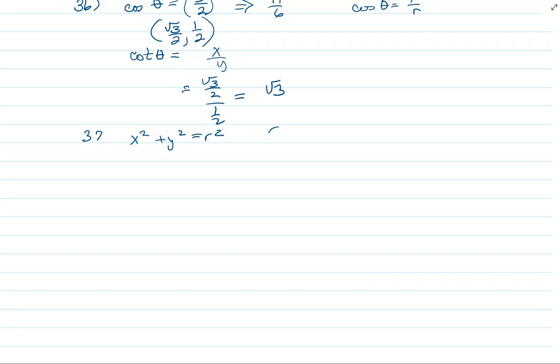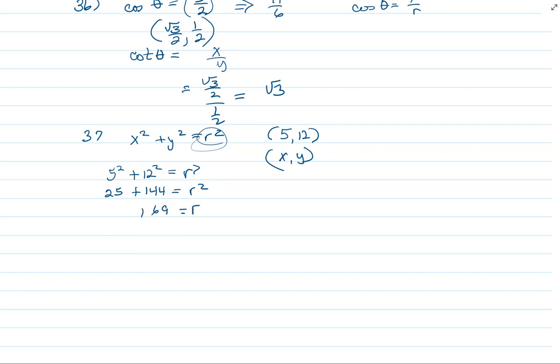So this means that I have the ordered pair 5 and 12, which is x and y. Is everybody comfortable with that? Because this is the length of that hypotenuse that we're looking for. And that gives us 5 squared plus 12 squared equals r squared. 25 plus the 144, right? Equals r squared. 169 equals r squared.